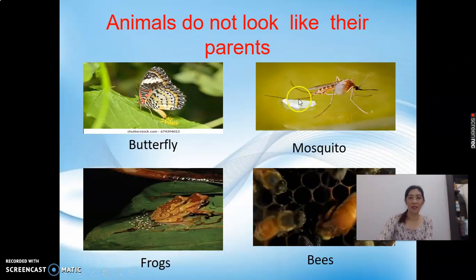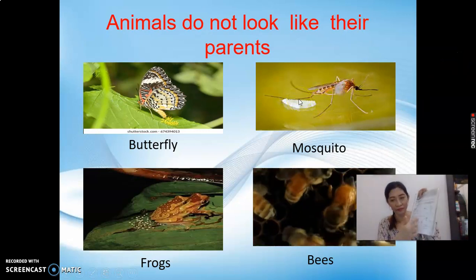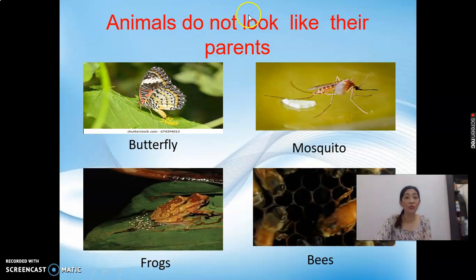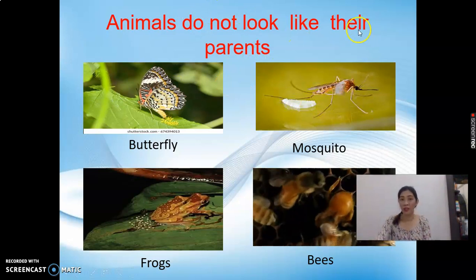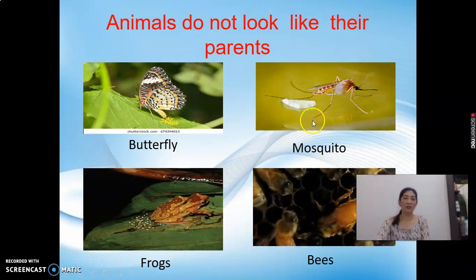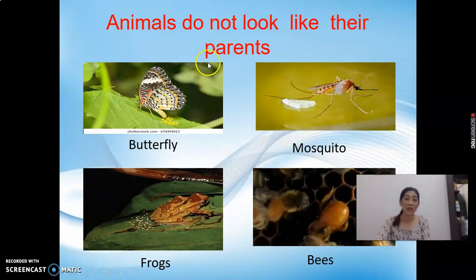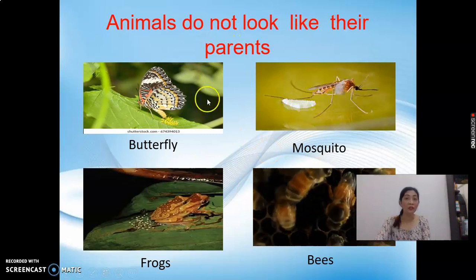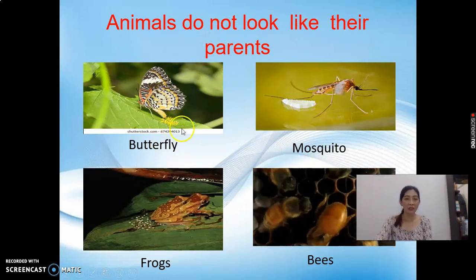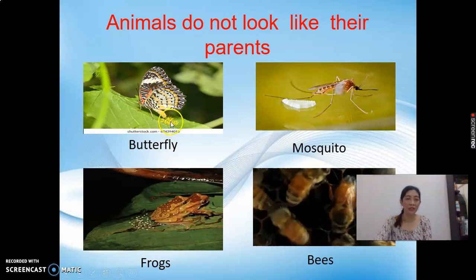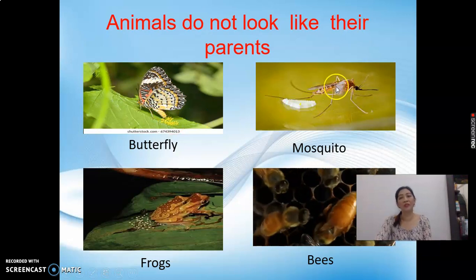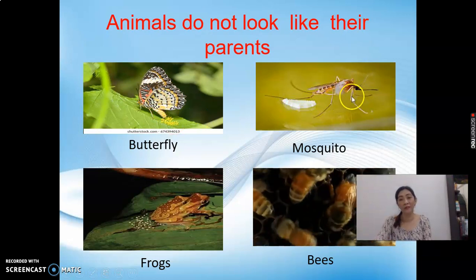And the next is animals that do not look like their parents. So these are the examples of animals that do not look like. Number one is butterfly. They do not look like because this is egg. So the next is mosquito.